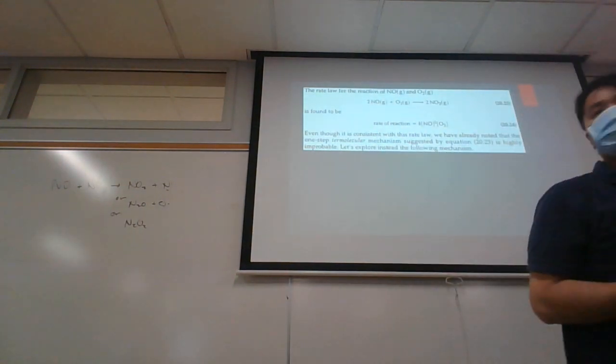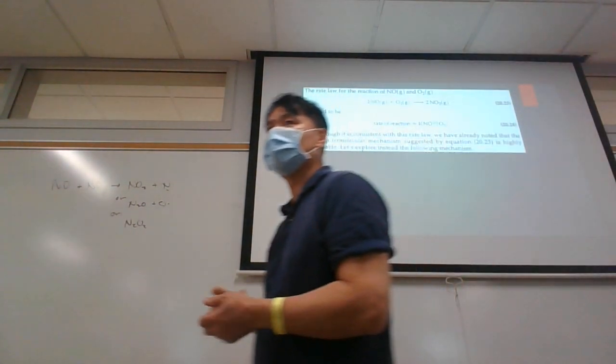Well, one thing is we could try to draw the Lewis structure for N2O2. We try to draw the Lewis structure, the least electronegatives go in the center. So we get something like this, and then we try to complete the octets, the oxygens first. So nitrogen's 5 times 2 is 10, oxygen 6 times 2 is 12, so it's 22 electrons. So I got 2, 4, 6, 8, 10, 12, 14, 16, 18, 20, 22 electrons.